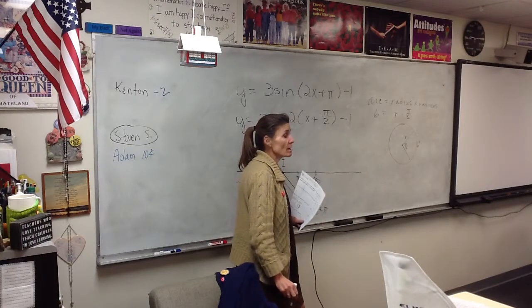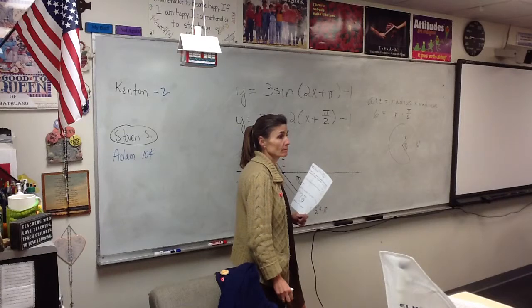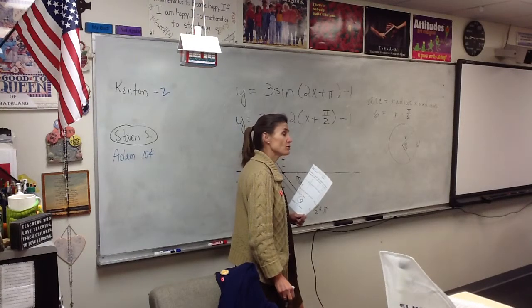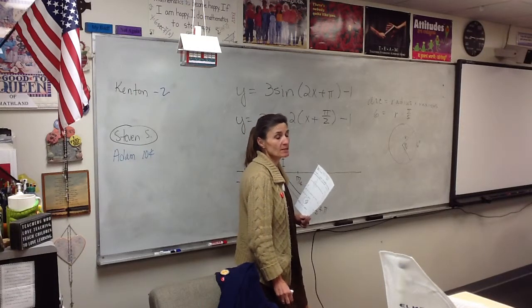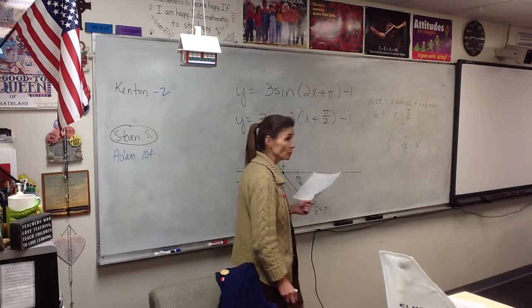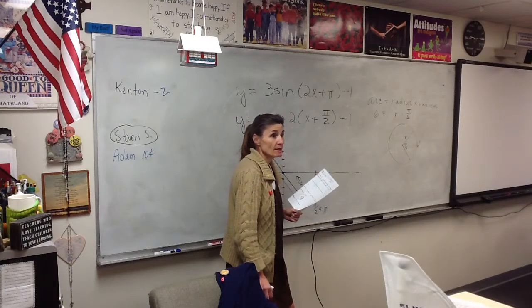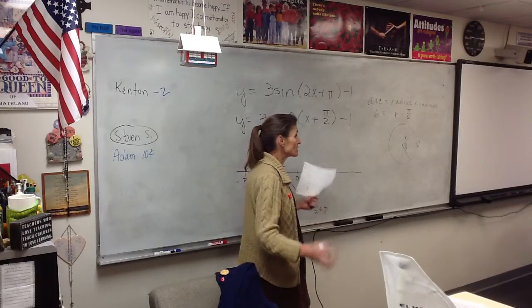To solve this equation, we need to do what? You guys, you're seniors in high school. This is outrageous. We need to solve for r, which means you gotta get rid of that pi over 5, right? Now, some of you can't do that, so do it in 2 different steps.